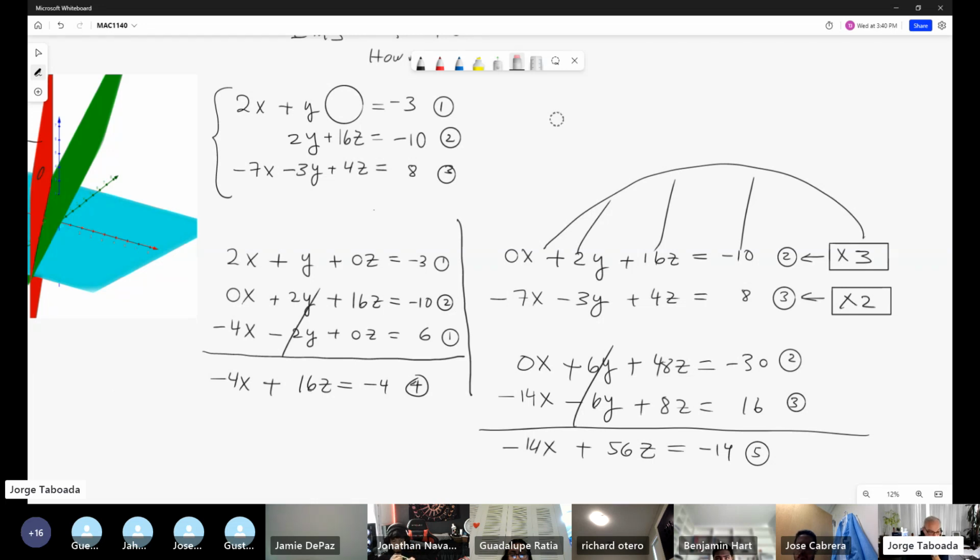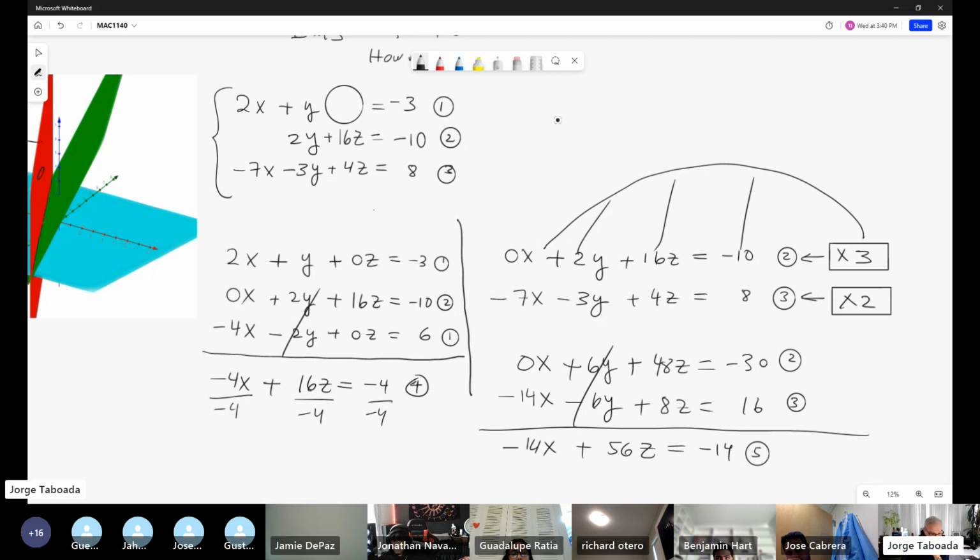For example, in equation 4, I see that the coefficients are 4, 16, and 4, so every coefficient is divisible by 4. If you want to change the sign also, why not? You divide the entire equation by negative 4. This is easy because of simplification. Working with small numbers is better, no?